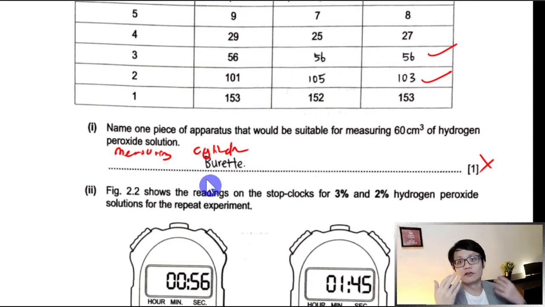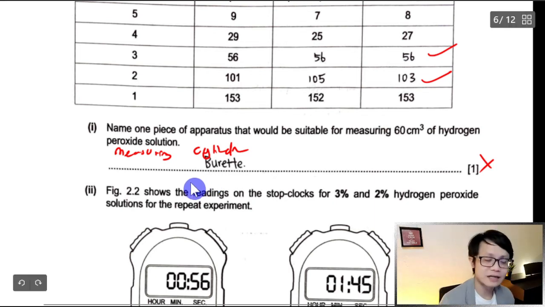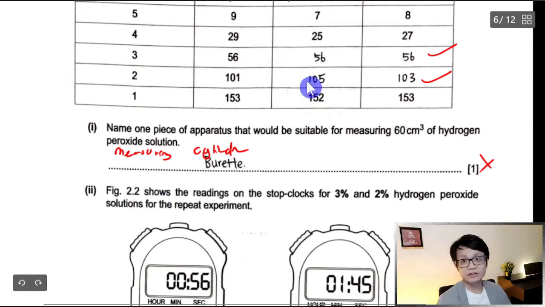So for example, for the neutralization process, where you can stop it at the time that you want it to stop. That is very good when you are using a burette, because you can stop it when you want, especially during neutralization. But because we are not doing neutralization, we want to test a fixed amount of hydrogen peroxide, the measuring cylinder should be sufficient.